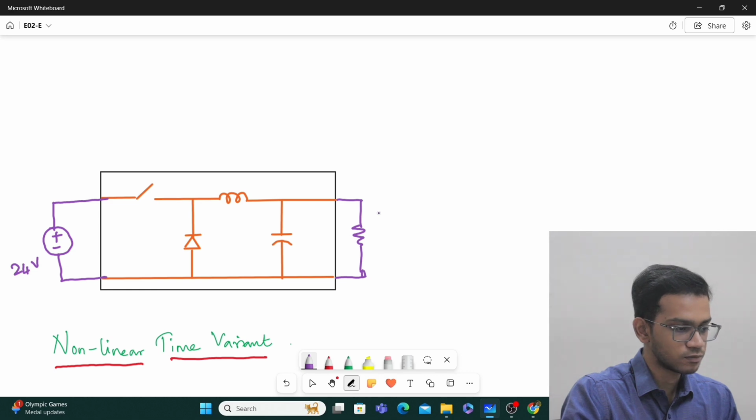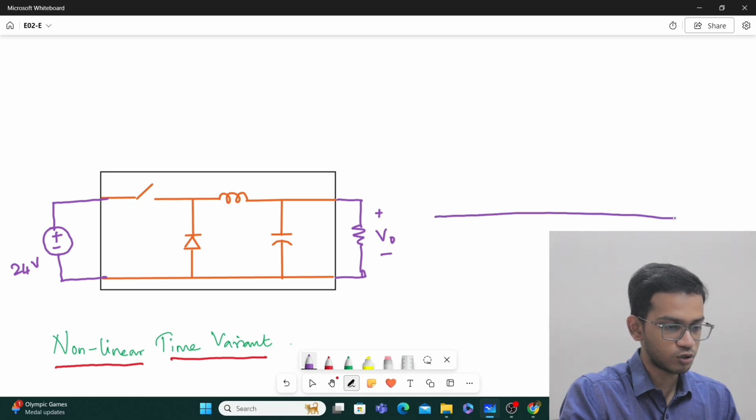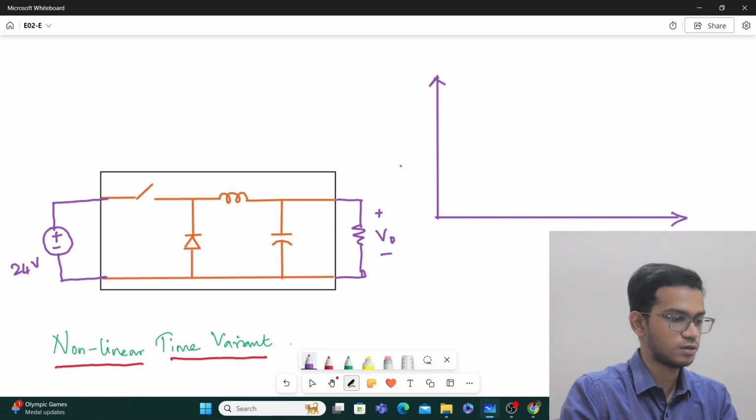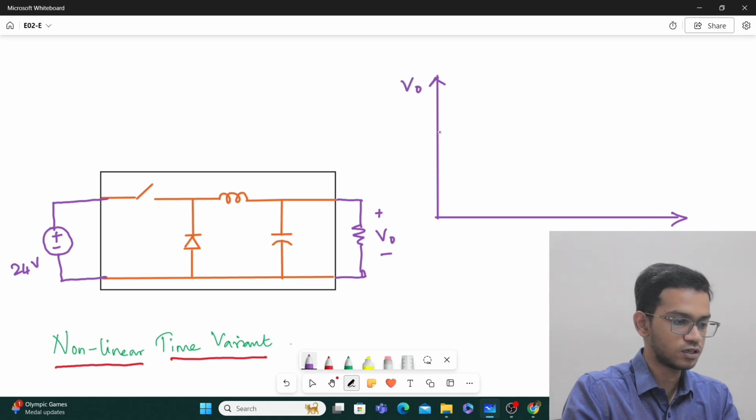So we take such a system. When we observe the output voltage of the system, due to this switching action, the output voltage which you will get will have a nature very similar to something like this. This is your output voltage, this is your time axis. Whenever your switch is on, output voltage will rise. Whenever your switch is off, output voltage will fall down.